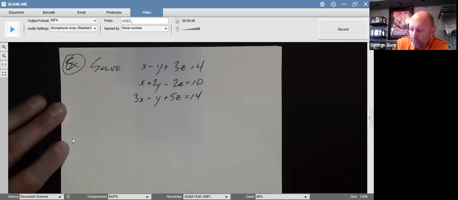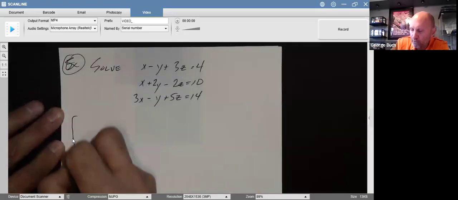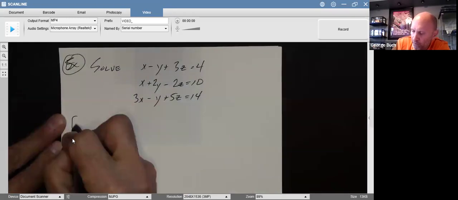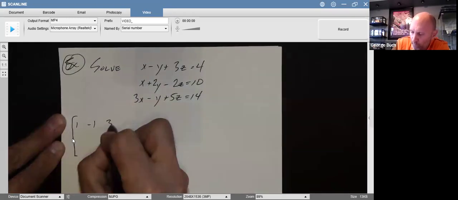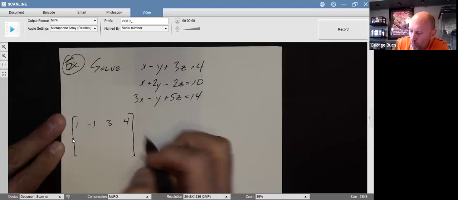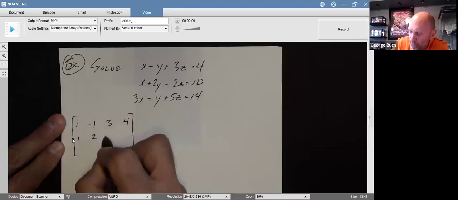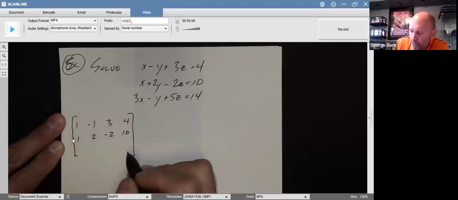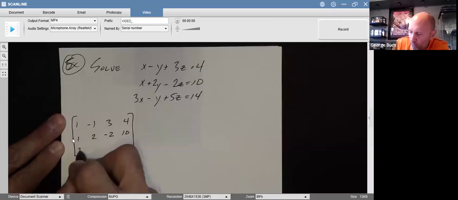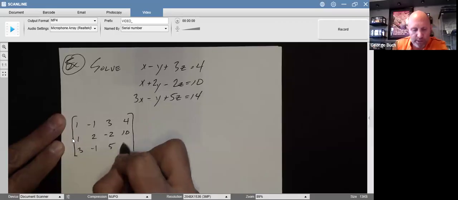So first things first, write our augmented matrix. So we have 1, negative 1, 3, 4. Second row, 1, 2, negative 2, 10. Third row, 3, negative 1, 5, 14.